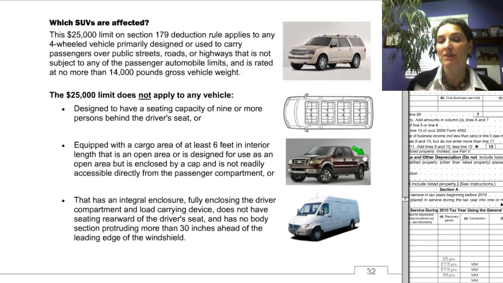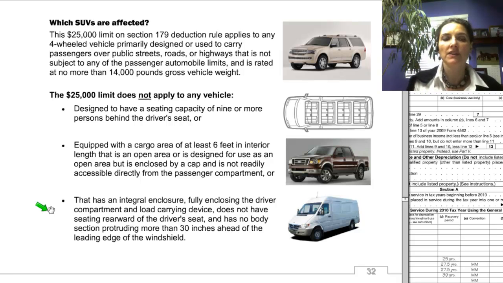And of course, you're describing a big pickup truck like a Ford F-150 or a Ford F-350, for example. Those are large pickup trucks. They weigh more than 6,000 pounds, and they're also excepted from the SUV limits.